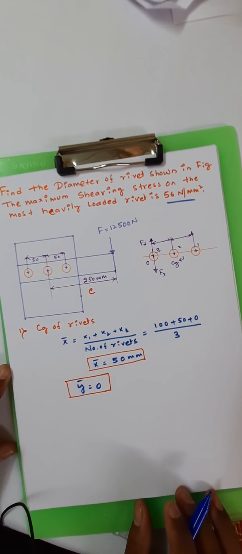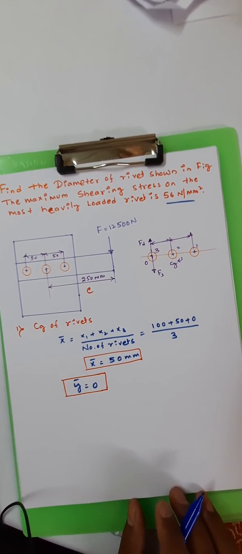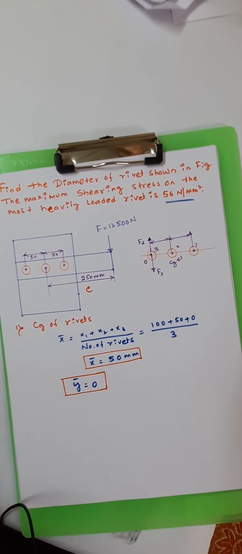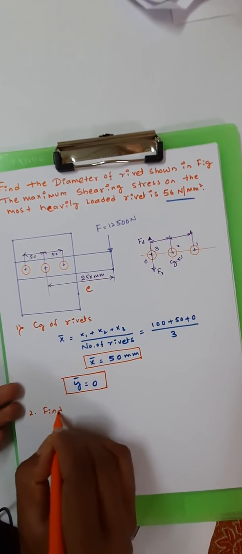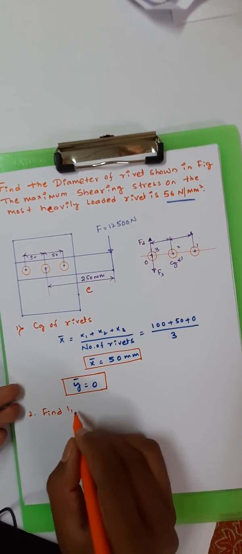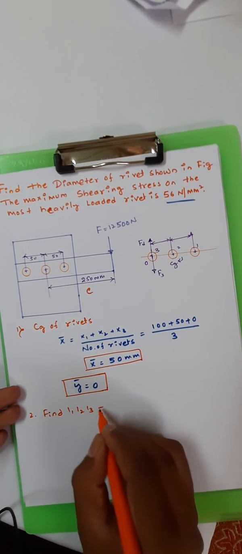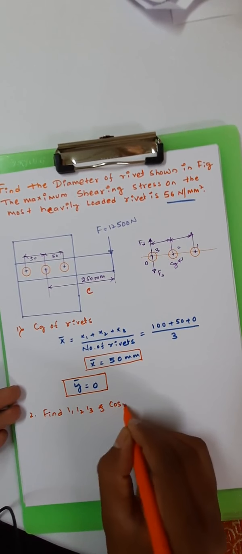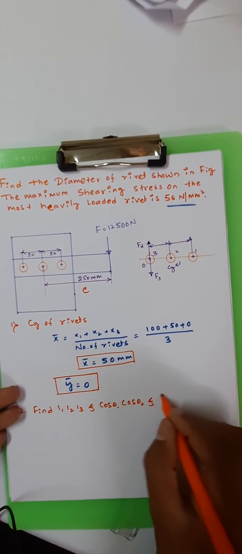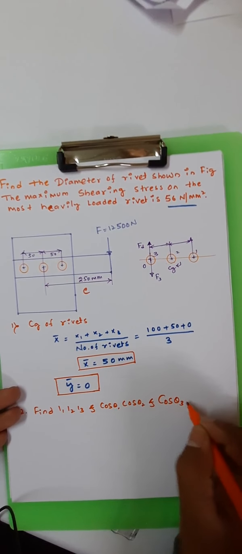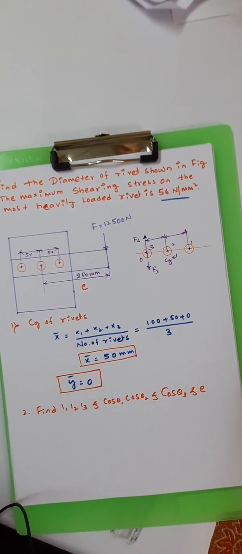So next we need to find out the lengths L1, L2, L3 and cos theta 1, cos theta 2 and cos theta 3, and E. These are the values we need to find out.